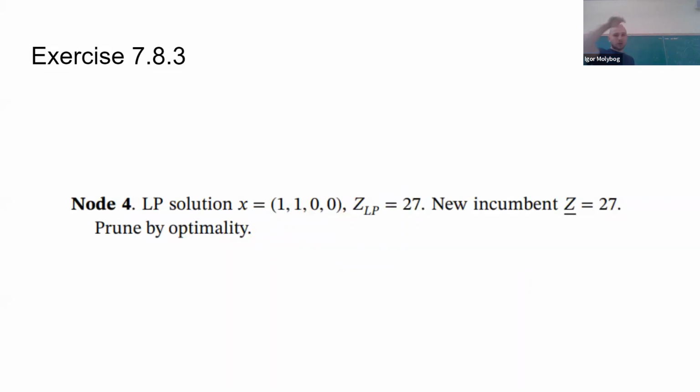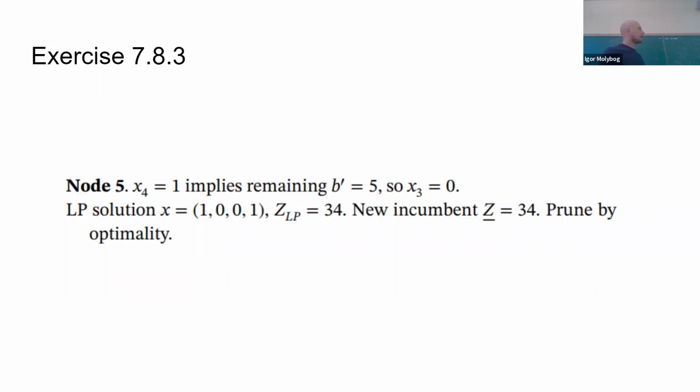And so the new best lower bound that we have is also equal to 27, and that needs to be propagated backwards. Therefore, it's also 27 for this one, and for this one also 27.